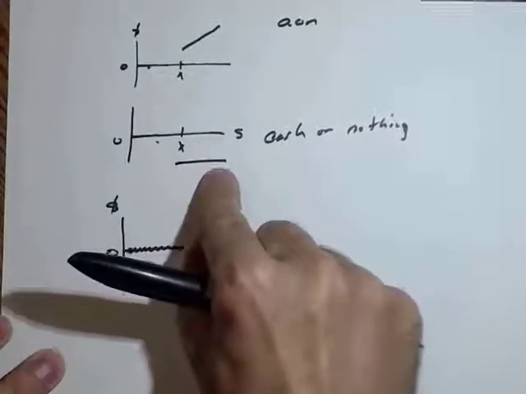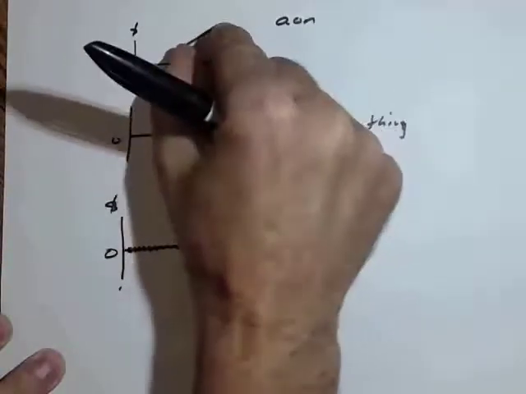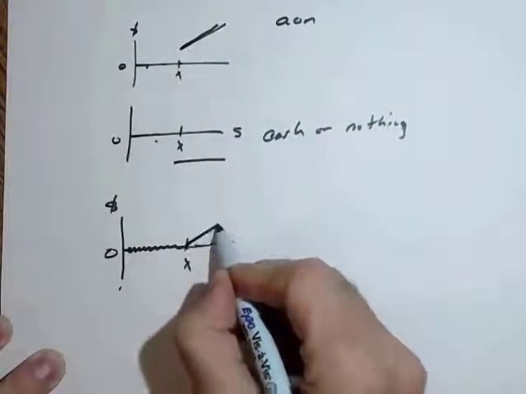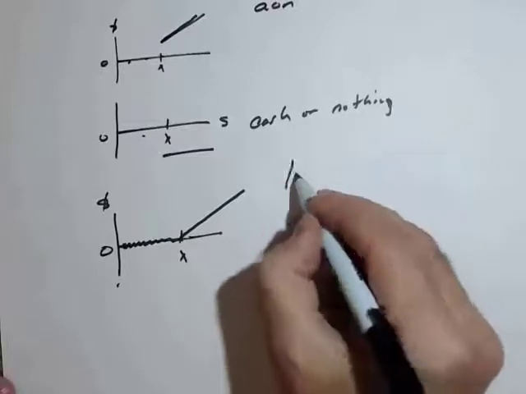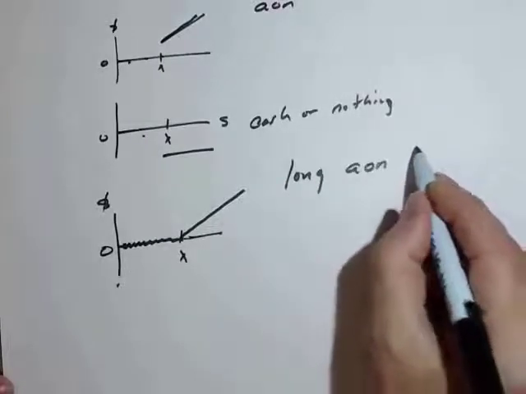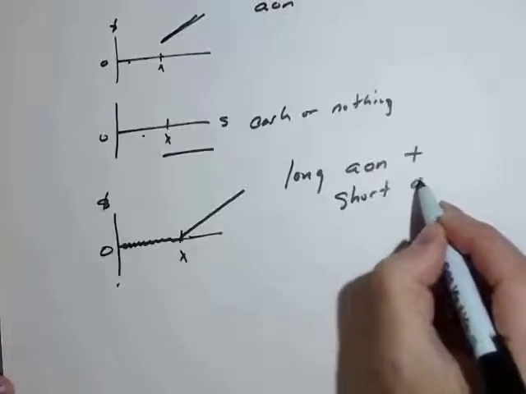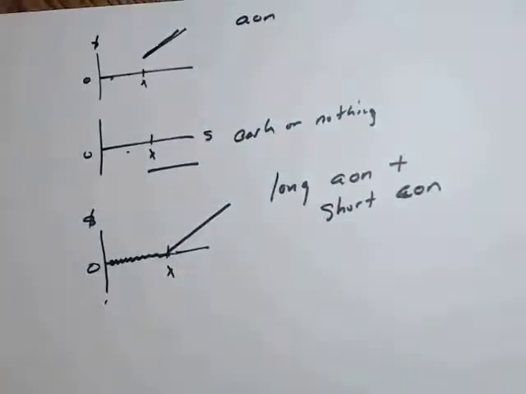This negative number of 95 is going to pull this whole line down. So it's going to look like this. And that's the payoff of a long asset or nothing plus a short cash or nothing, provided they have the same strike and the same underlying.